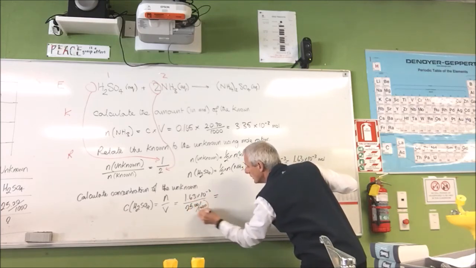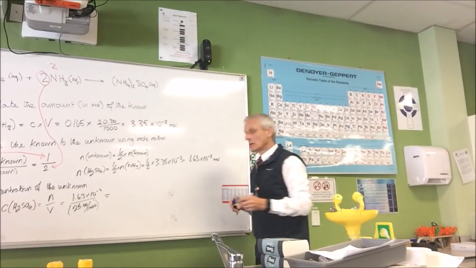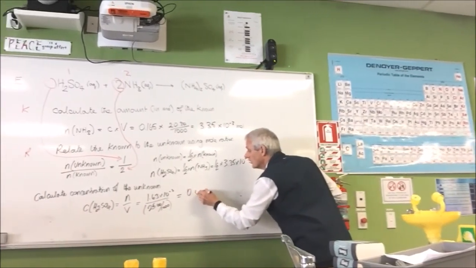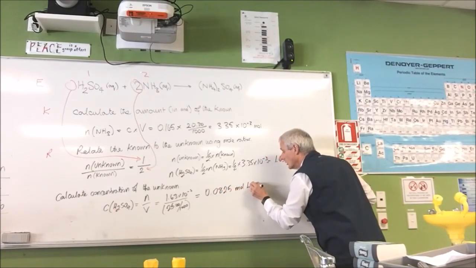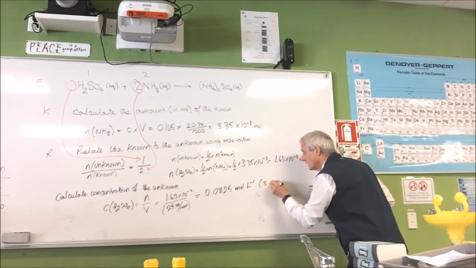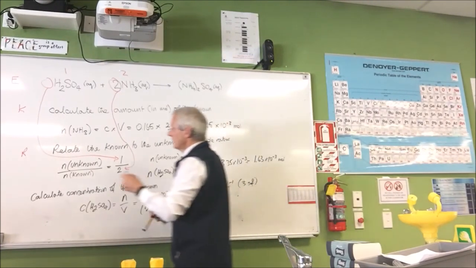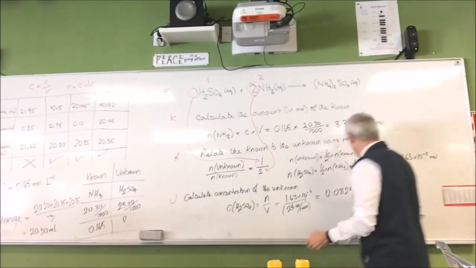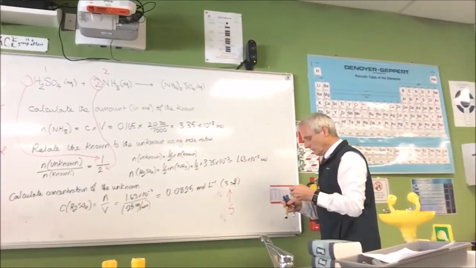If somebody could calculate that for me. 0.0825. And that's 3 significant figures. So that's calculating our unknown, and that is our significant figures.